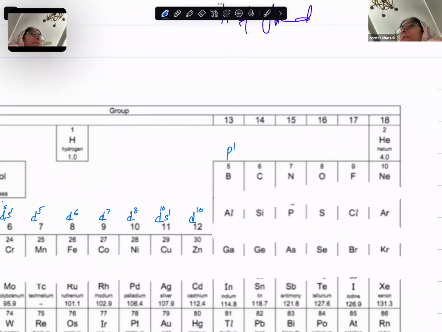And this is what? P1, then P2, then P3, then P4, then P5, and this is all P6.